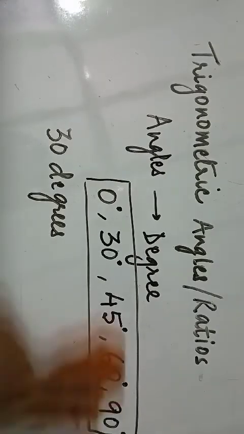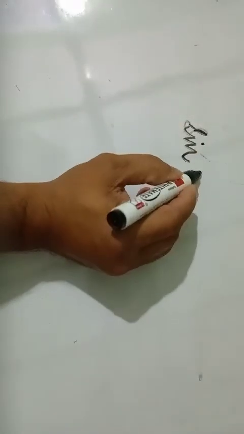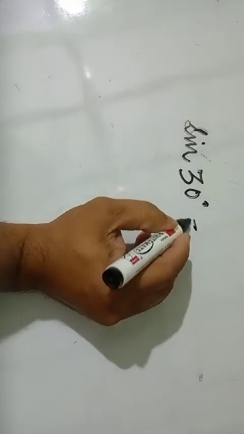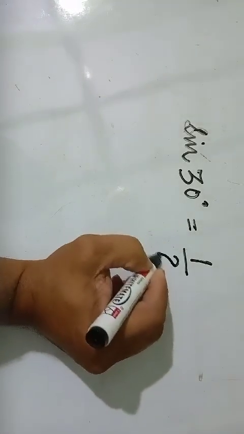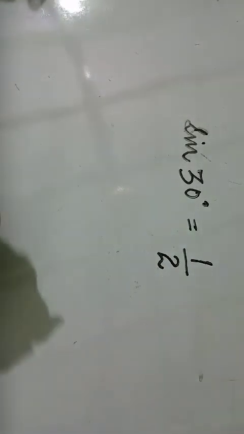Let's say, for example, we have sine of 30 degrees. From the trigonometric table, you know that sine 30 is half.